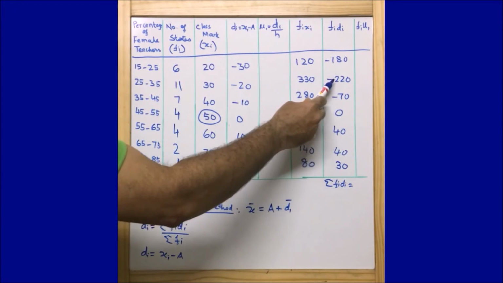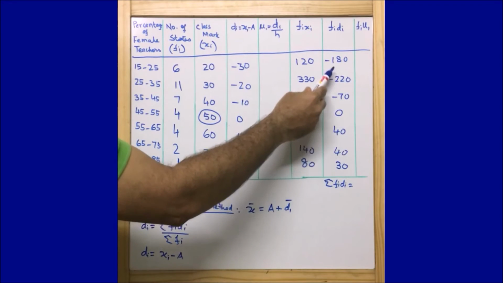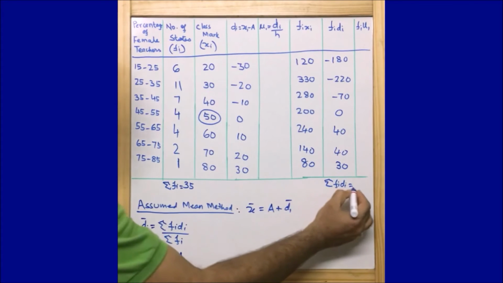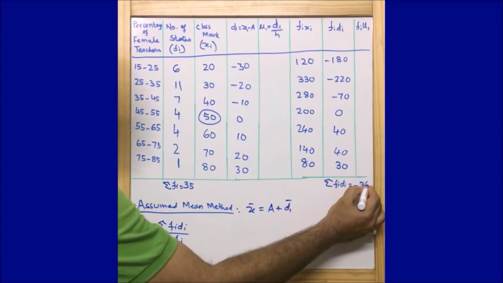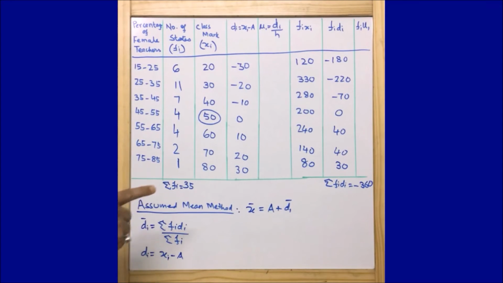And here we get 180 plus 220 is 400, plus 70 we get 470. So 470 minus 110 is minus 360. So we got summation of fi di as minus 360.